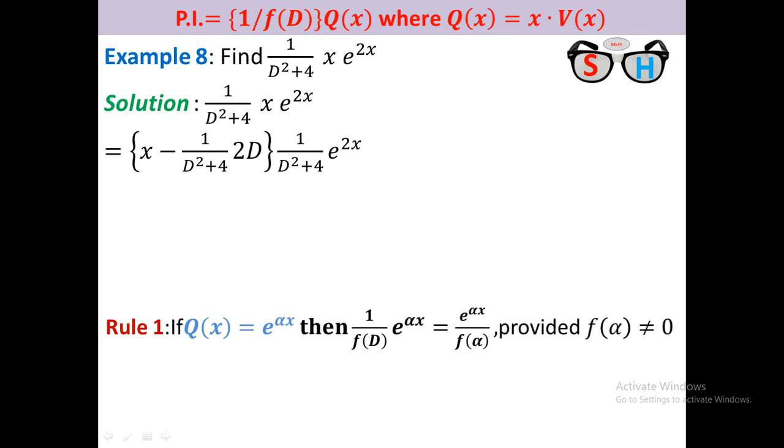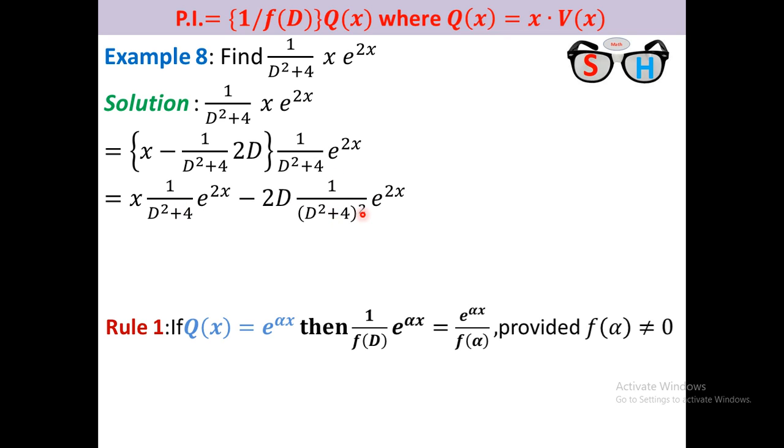So you use rule 5. Now just operate this on that. If you use x on that, x into 1 by D square plus 4 of e to the power 2x, and you have to operate 2D by D square plus 4 on that, therefore 2D by D square plus 4 of e to the power 2x.